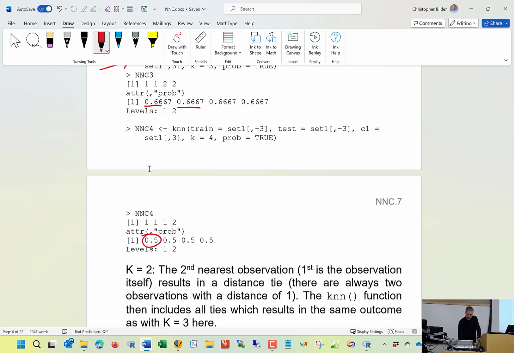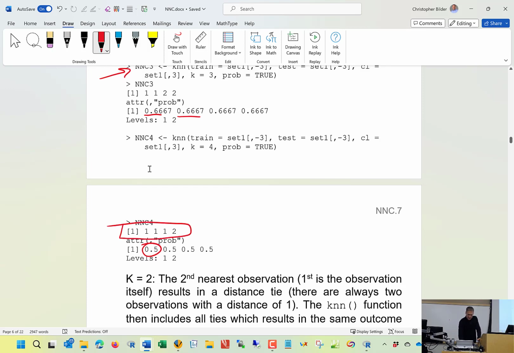Now, if we look at this right here, this is what R says for the predictions. It predicts 3 of them to be in group 1 and 1 of them to be in group 2, not 2 of them in 1 and 2 of them in 2. Why does it occur?